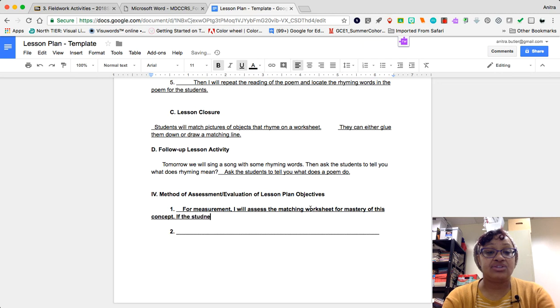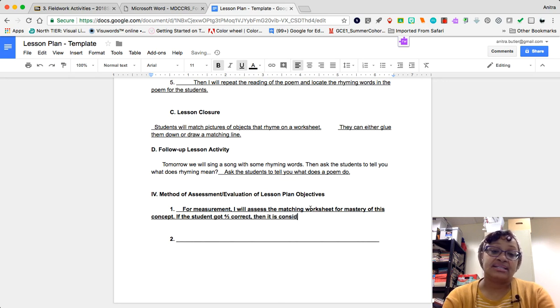If the student got 4 out of 5 correct, then it is considered mastery. Anything less than 4 out of 5 is considered in need of reteaching.